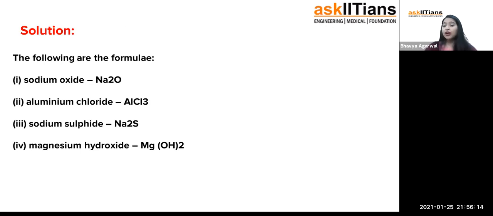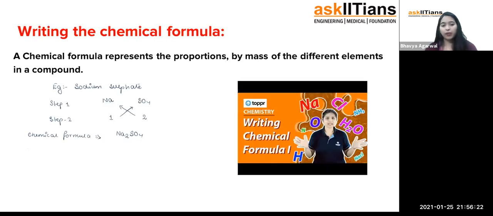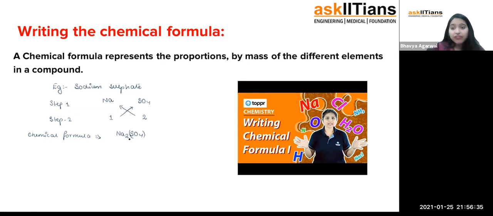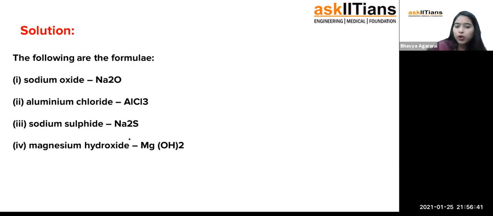Now note that whenever we have anything which is a polyatomic ion, okay? In a polyatomic ion, we generally write the polyatomic part in parentheses, like sulfate, in parentheses, if the number is more than 1. For instance, if you'll see here, we would not be writing this hydroxide ion in parentheses had it been just 1.